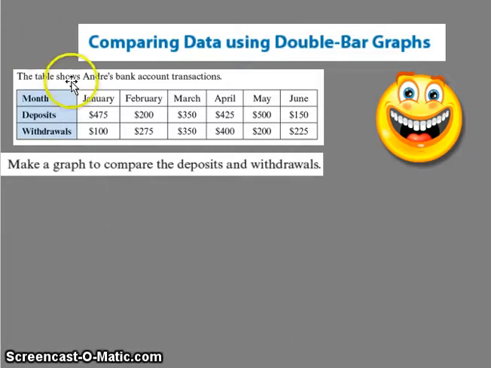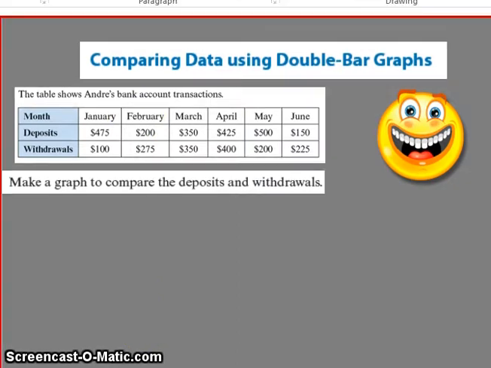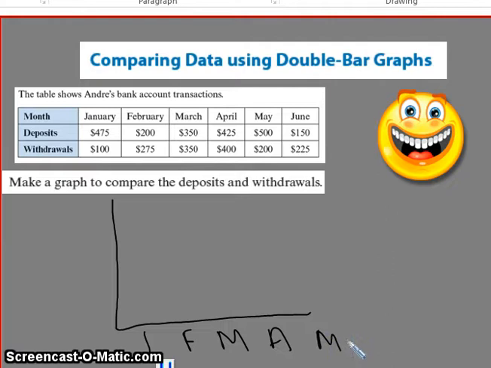Alright, so we know that for each deposits and withdrawals, we're going to have the same months. So I'm going to make the months part of my x-axis. So I'm going to draw my graph. I'm going to have January, February, March, April, May, and June.